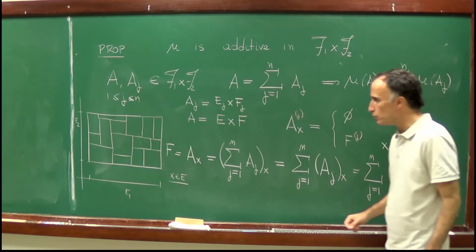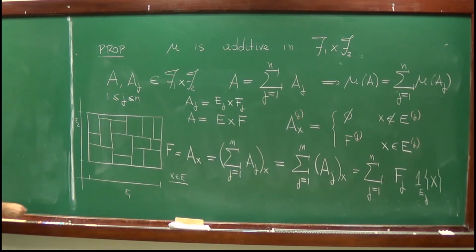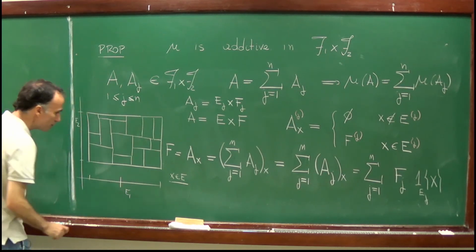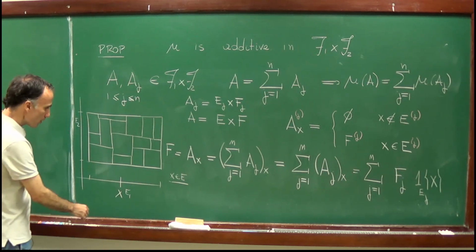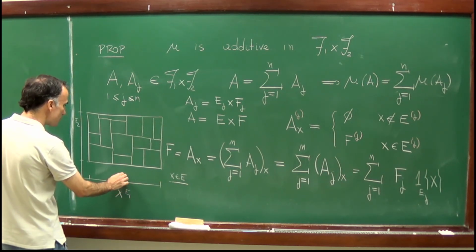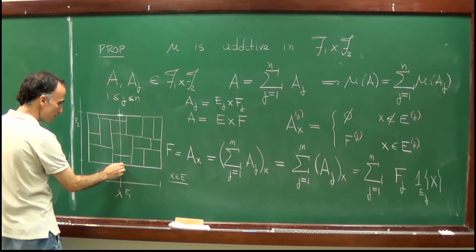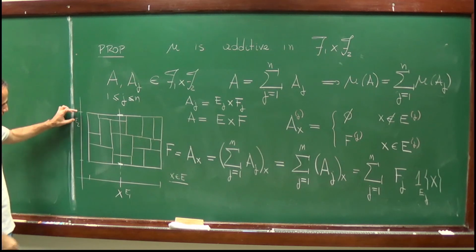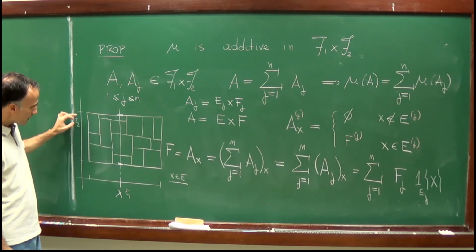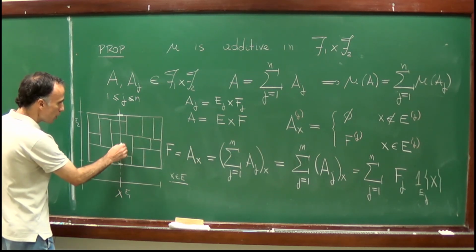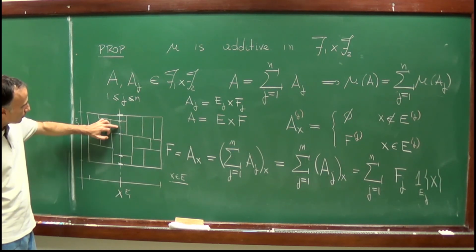So let me go to our picture here to say what we are doing. We are fixing x in E. If now I take the cross-section at x, we know that the cross-section of this set at x is the set F. And we are representing this set F as the union of, in this case, 4 sets, which are these 4.